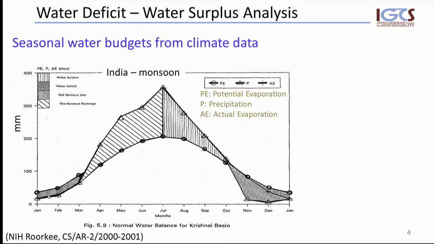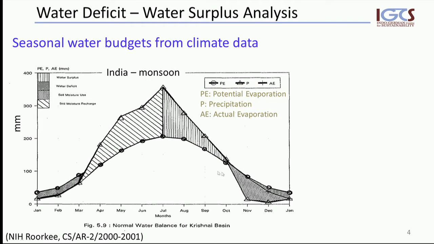What we can see is, in this particular case, the typical Indian monsoon, one monsoon in this case only, occurring here. We have our precipitation data following this line, very steep, and our evaporation line following here.